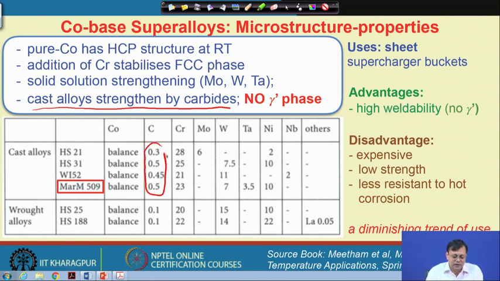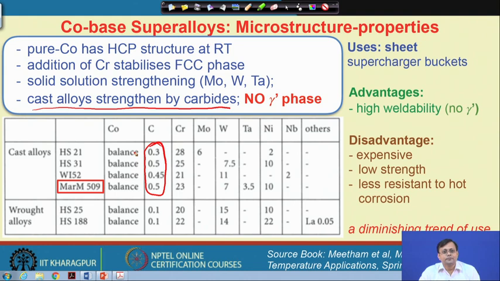Please have a look at the carbon concentration here: 0.3, 0.5 and 0.45. It will easily form some carbide with the refractory metals. Niobium is one of the good refractory metals to form carbides and which is also preferred.